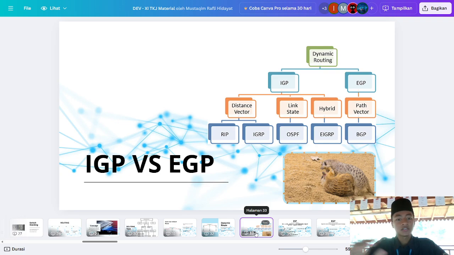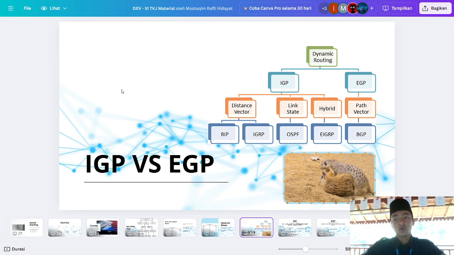Dynamic routing has two types, IGP and EGP. So interior gateway protocol, which you can see here, and exterior gateway protocol. What is the difference exactly? Interior gateway protocol, in short, is used for interior connections. Exterior gateway protocol is used to connect between autonomous systems.